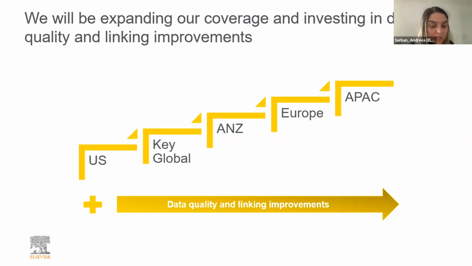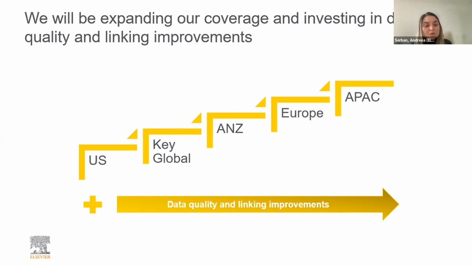We are planning to expand that, adding new funders in the US, but also going forward, adding what we call major funders globally. Then moving subsequently and adding funders in different regions, starting with Australia, New Zealand, Europe, and so on.